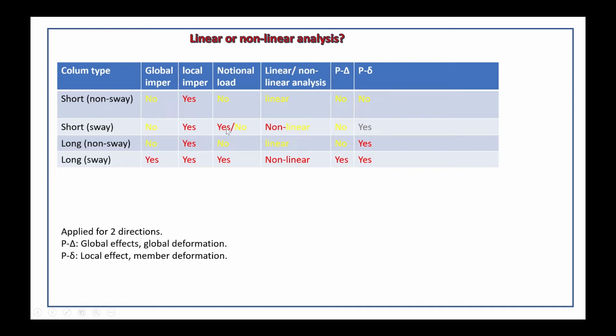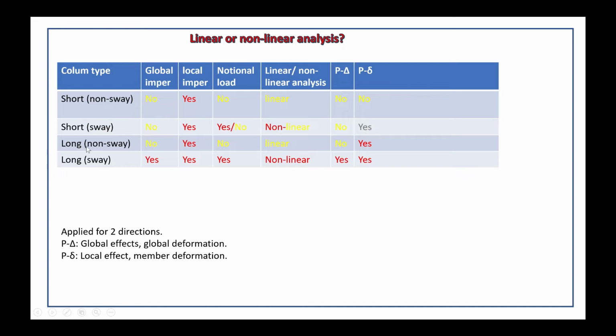It's acceptable, for those two options, you can apply or not apply. And for analysis, you can run linear or non-linear analysis. And for the big P-delta, not include. For the small P-delta, you can include it, but for the short member, the effect of small P-delta is too small.